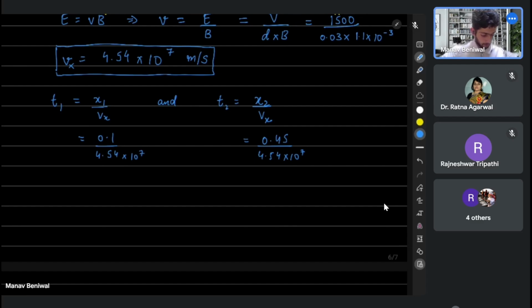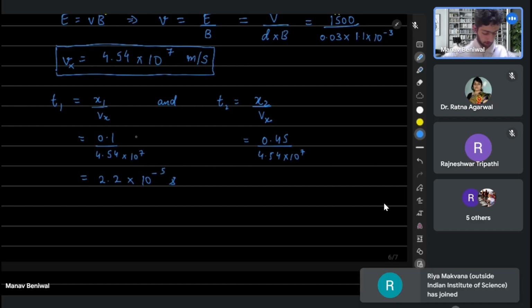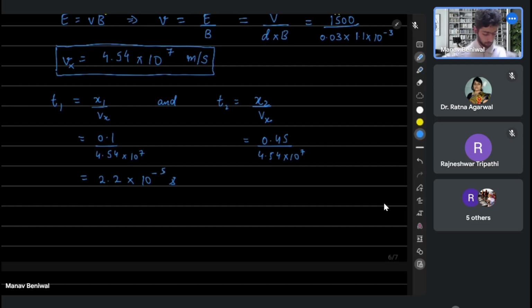Now this comes out to be 2.2 into 10 to the power minus 9 seconds, because this will be 10 to the power minus 7, and 0.1 divided by 4.54 into 10 to the power 7 gives 2.2 into 10 to the power minus 9 seconds.